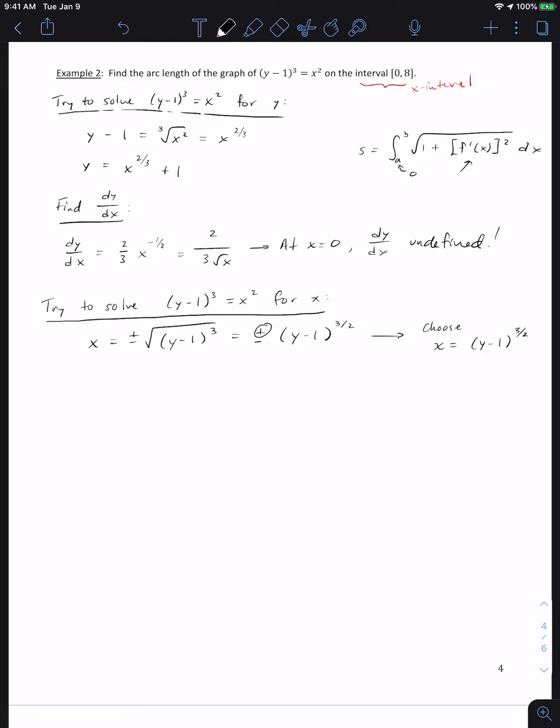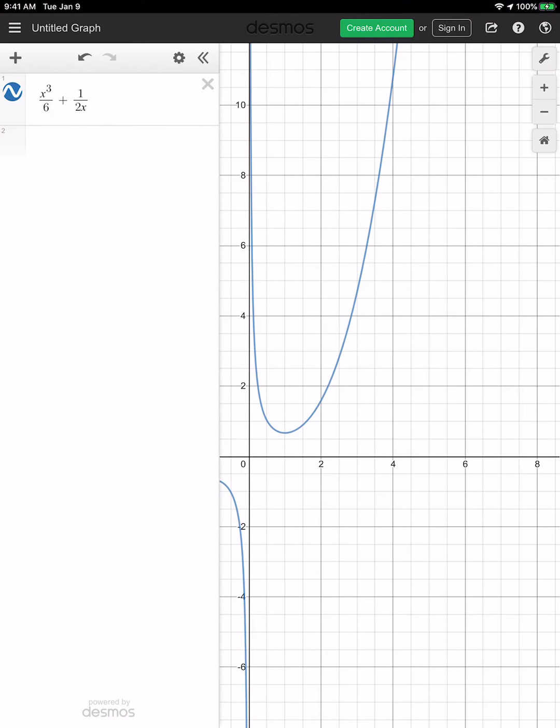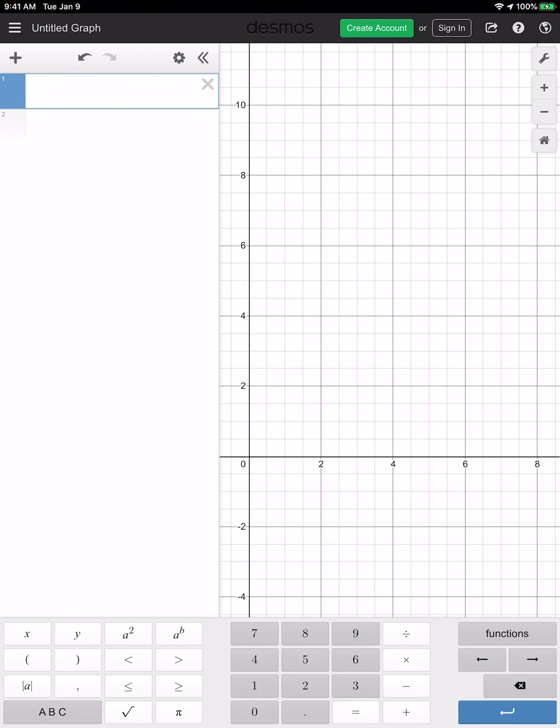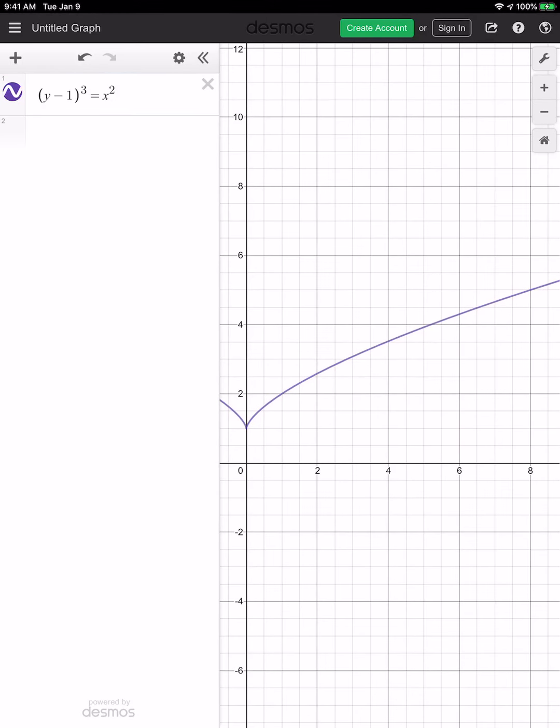And I'll show you why. Let's look at the graph. Y minus 1 cubed, right? So this is our function here. Y minus 1 cubed equals to x squared, right? That's our graph. And what do we want?